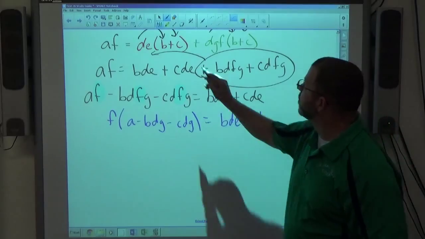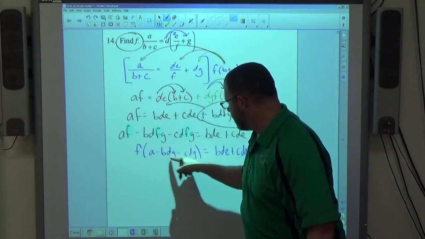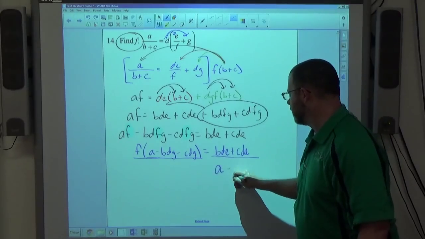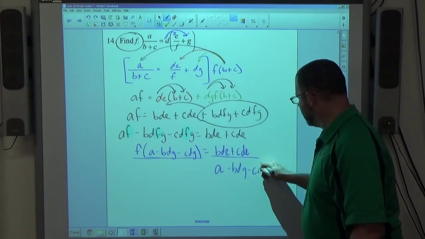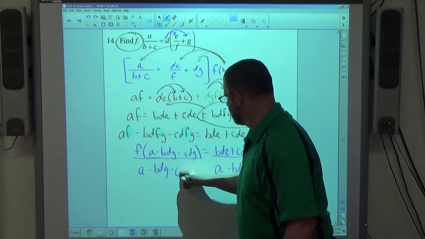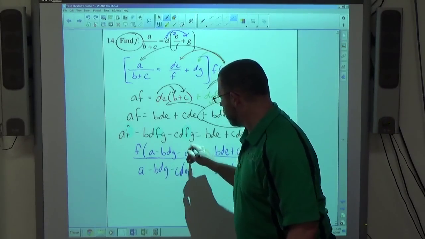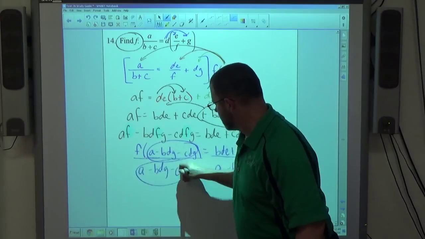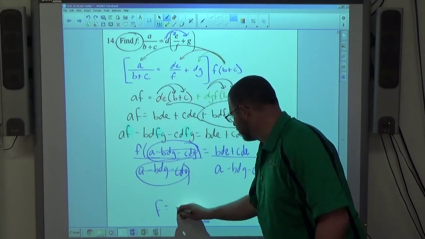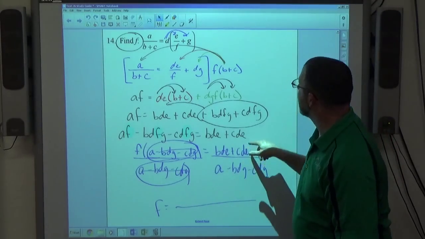And our final step in these problems is always to divide by this stuff here. So dividing both sides by A minus BDG minus CDG. On this side, those cancel, leaving f equals. And then on this other side, I just get the answer, which is that thing.